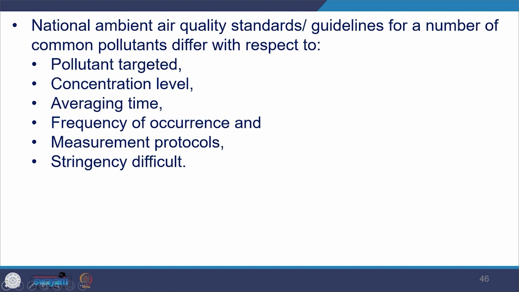They can differ with respect to what pollutants are targeted, what the concentration levels are, what the averaging time is, and what the frequency of these pollutants occurring is, and then what the measurement protocol is in that particular country, and how strict they could be and how difficult or easy it would be to implement any kind of strategy. So depending on that, you set up standards or guidelines in any country related with the pollutant.